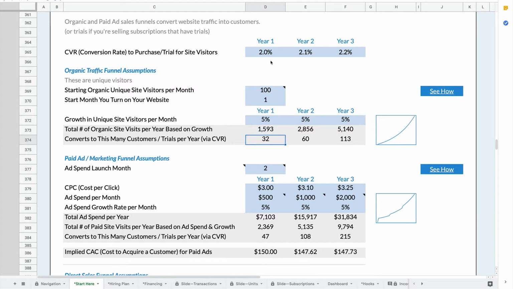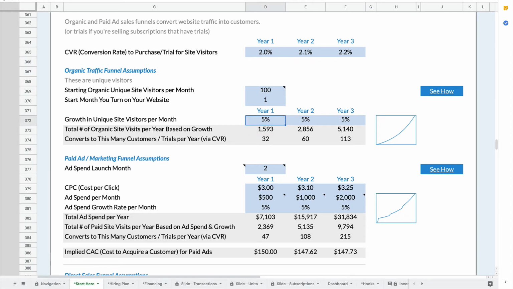The calculation uses this conversion percentage that we set up here. So if I change this to 3%, now I'm converting 48 of those 1,593 visitors. If I set it back to 2%, then I'm converting 32 of those 1,593 visitors.